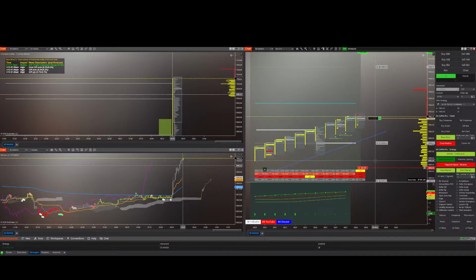Most commonly, everybody calls both of them pullbacks, and sometimes we have trading police that come in and say, hey, you're using that wrong.